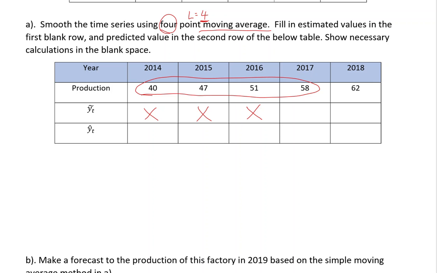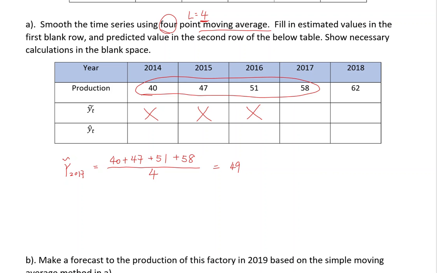So we have the estimated value for 2017, which equals the average of the previous 4 responses, right? So it would be 40 plus 47 plus 51 plus 58 divided by 4, which is 49, right? So for these 3 are all not applicable.